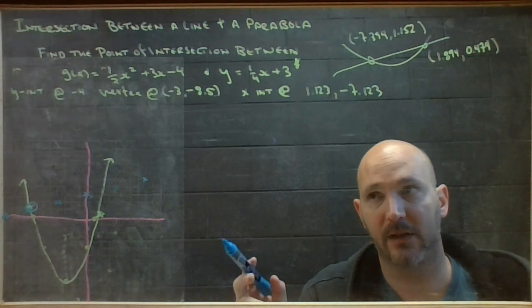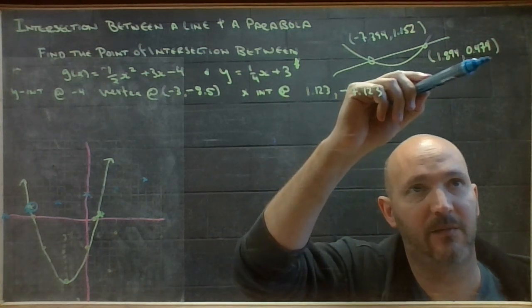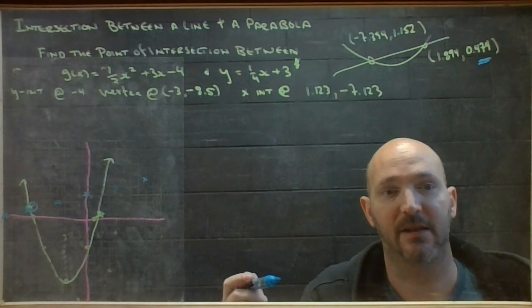And if you get an error like that, the first place I'm going to check is the y value of my point of intersection, because that's the easiest thing to calculate.